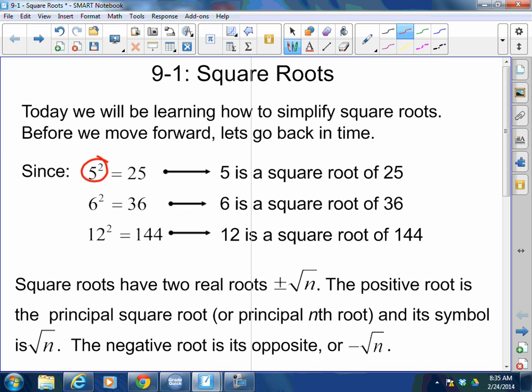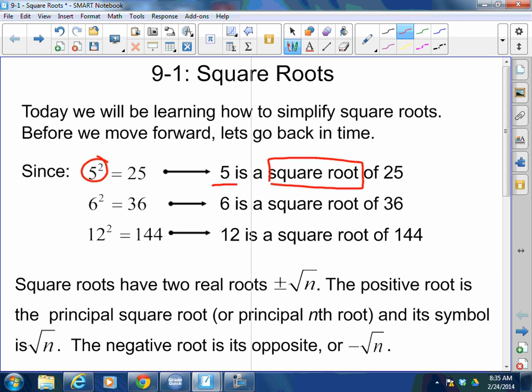So if 5 squared is 25, 5 is a square root of 25. 6 squared is 36, so 6 is a square root of 36. 12 squared is 144, so 12 is a square root of 144.